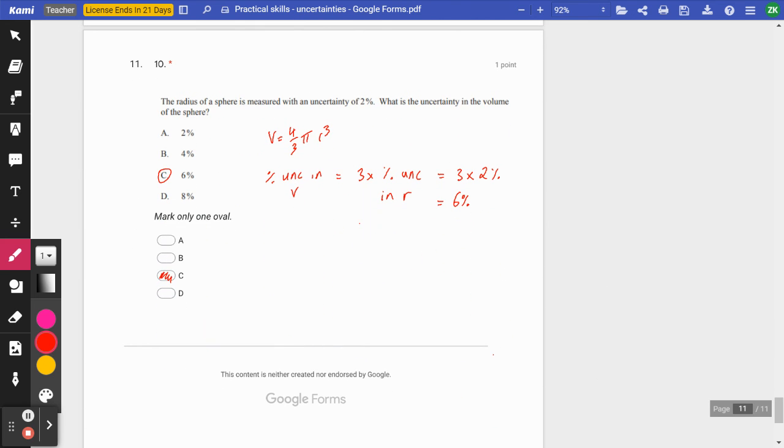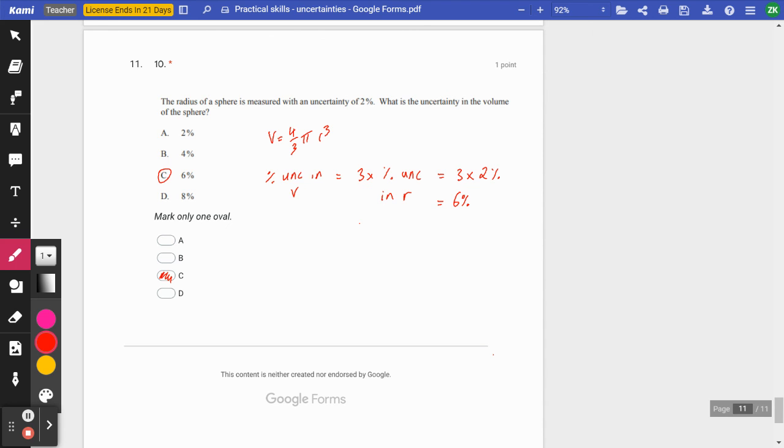Question 10. We've got a sphere again. We know the uncertainty on the sphere is 2%. What is the percentage uncertainty? They should say percentage uncertainty, but because it's already percent, we make an assumption it's percentage uncertainty. So it's asking for the percentage uncertainty in the volume, because the answers are percent. And they haven't given any other information in terms of lengths.